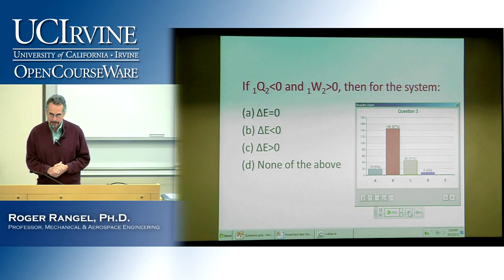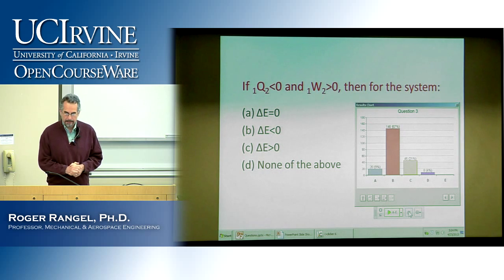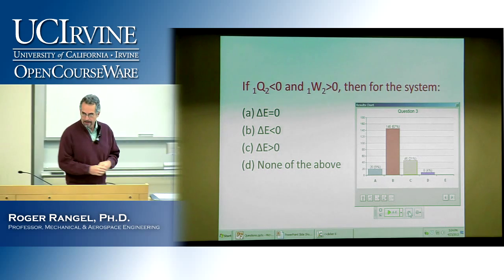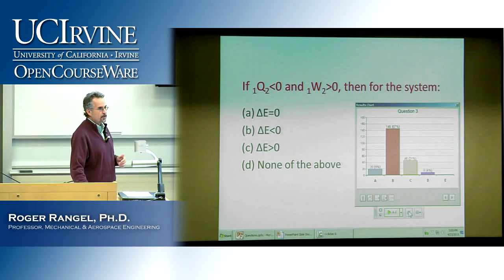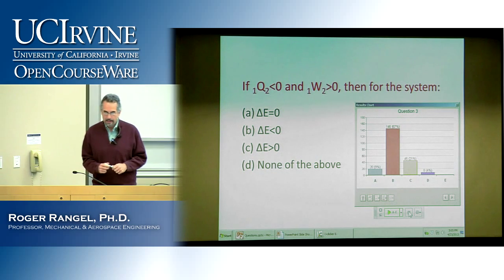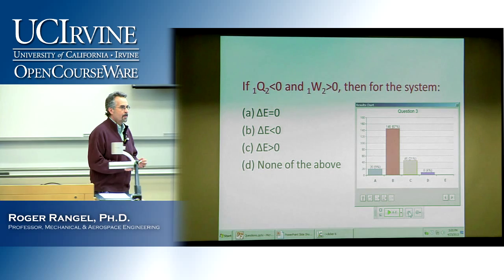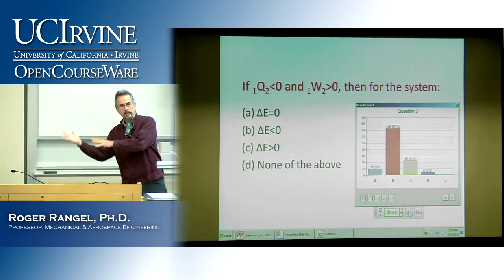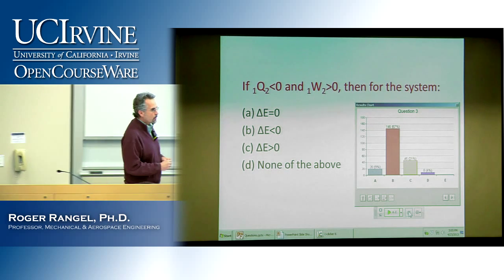Delta E is less than 0. That is correct. Why is that correct? Well, there are two ways you can think about it. One is you remember the sign convention. If Q12 is less than 0, where is that heat going? It's going out. So the system is losing heat. And if W12 is greater than 0, who is doing the work?